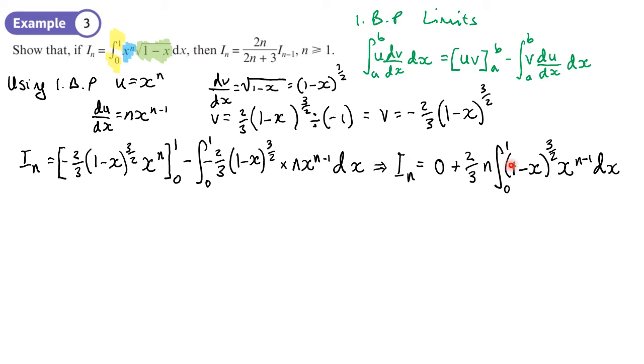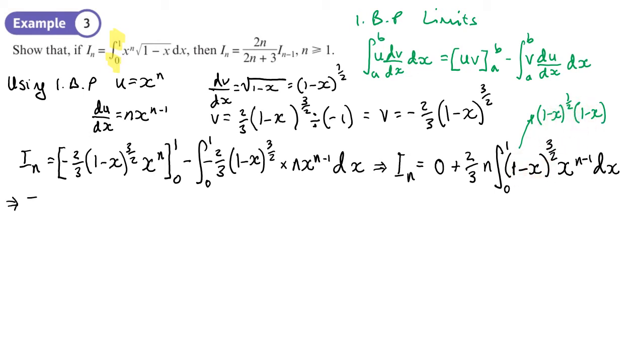Now we really want this to be in terms of I sub n minus 1. So we really want this part here written to look like this, x to the power n minus 1 square root 1 minus x. So you've got that here, but this doesn't quite work. But this is the same as (1 minus x) to the power half, or square root of 1 minus x, times by 1 minus x. So if we write that in this form, maybe that will help us.